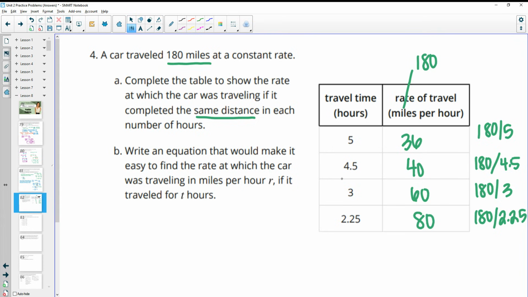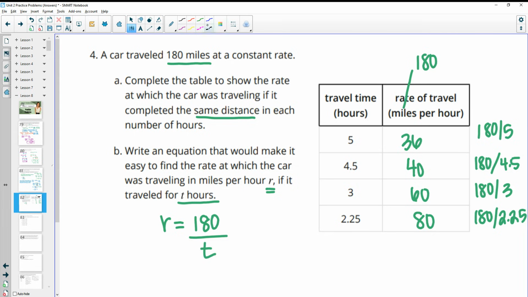Write an equation that would make it easy to find the rate at which a car is traveling in miles per hour if it traveled for t hours. So traveling in miles per hour, so the rate. In this one, we're taking, again, the miles divided by the hours. So their rate is going to equal the miles that they traveled, in this case, 180, divided by the time that they traveled.